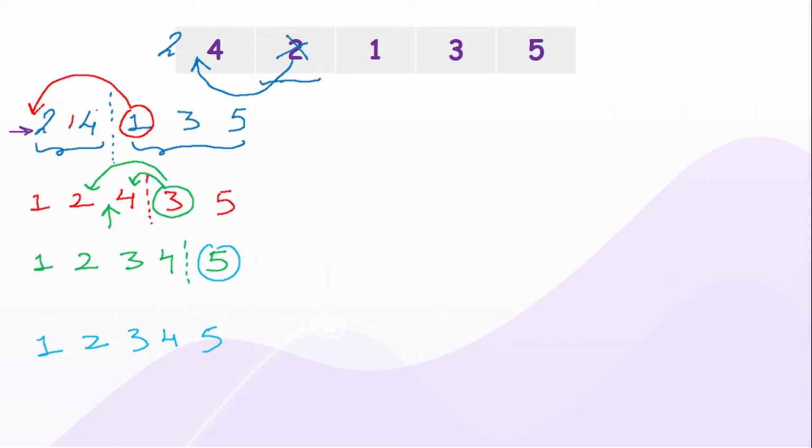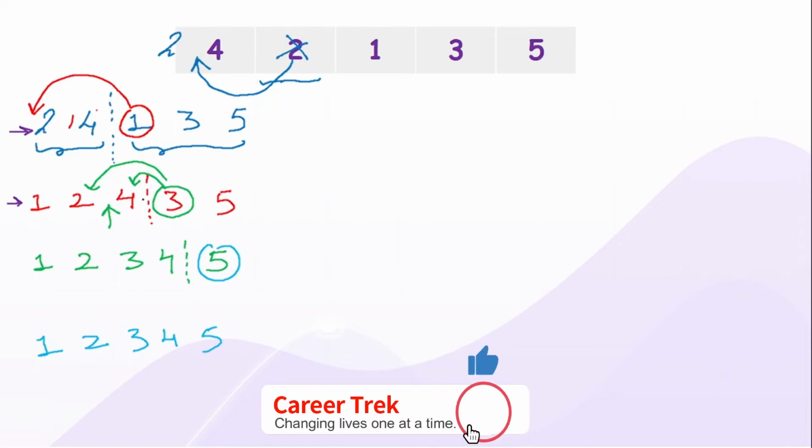So I moved ahead and I inserted 1 before 2. But in the next case, 3 was smaller than 4, therefore I further compared 3 with 2. On comparing 3 with 2, I identified that 3 was not smaller than 2. Therefore, I decided to insert 3 between 2 and 4.